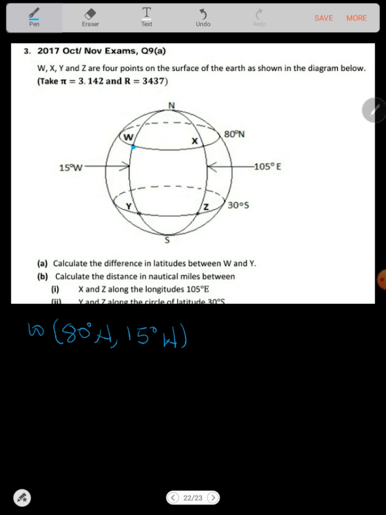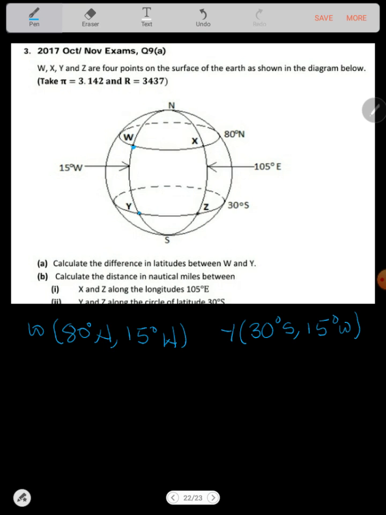Now Y, which they want, is on latitude 30 south and longitude 15 degrees west.